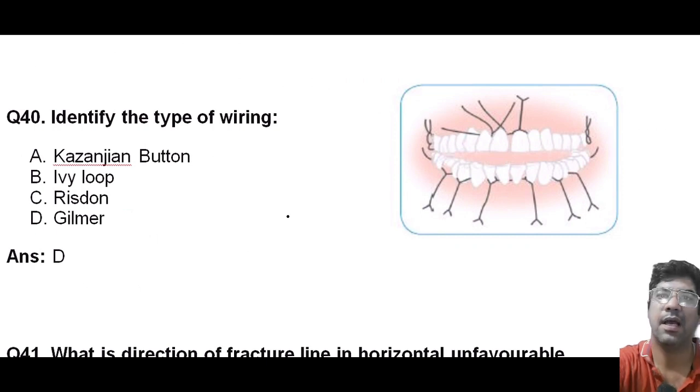Hope it is clear. Identify the type of wiring. Well, it's a very simple question. It's the Gilmer direct interdental wiring. The simplest and most rapid method of immobilization of the jaw is the Gilmer method.